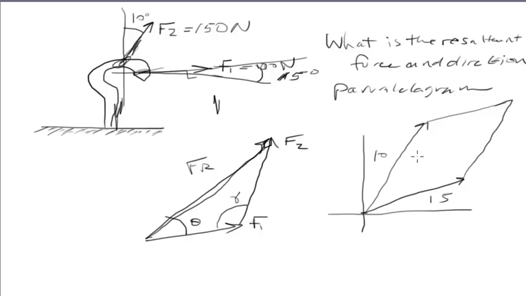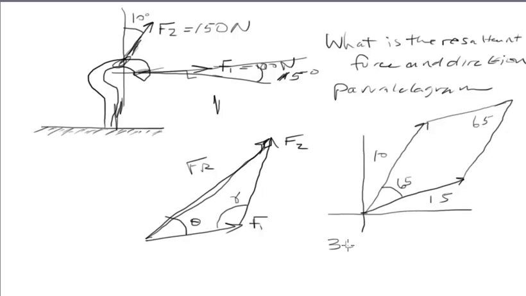Okay, and so we know that this angle here is going to be 65 degrees right here. It's got 65 plus 10 plus 15 is equal to 90. And this is going to be 65 degrees. And then the sum of the interior angles needs to be equal to 360 degrees.